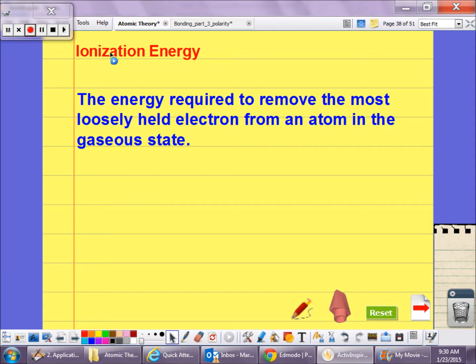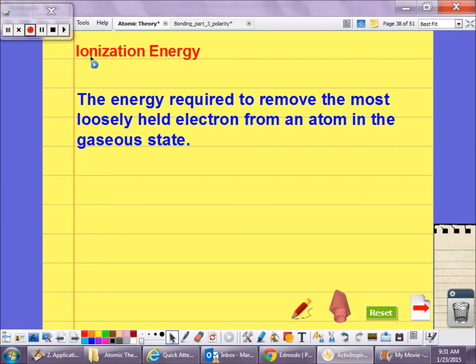When it says the most loosely held electron, what it really means is the first ionization energy. The first ionization energy is the energy required to remove the most loosely held electron from an atom in the gaseous state. The second ionization energy is the energy needed to remove the second electron from the cation, not from the neutral atom.